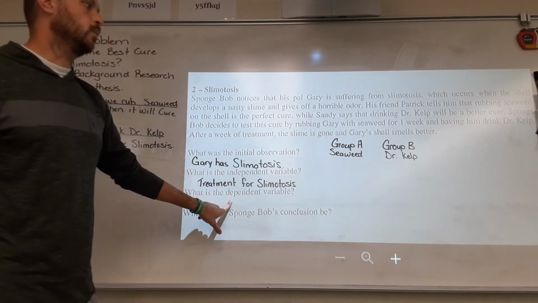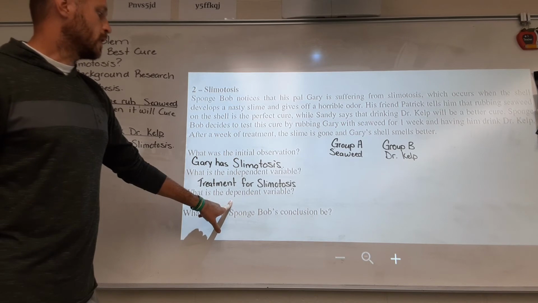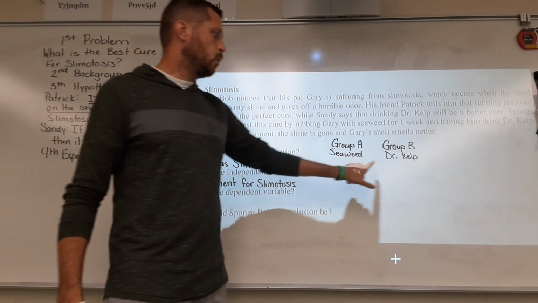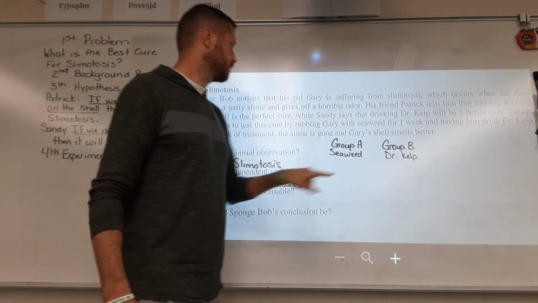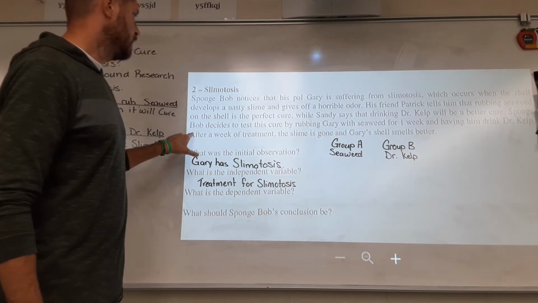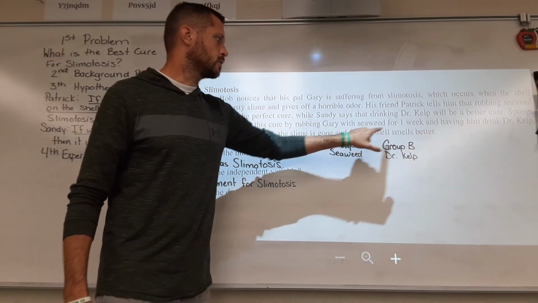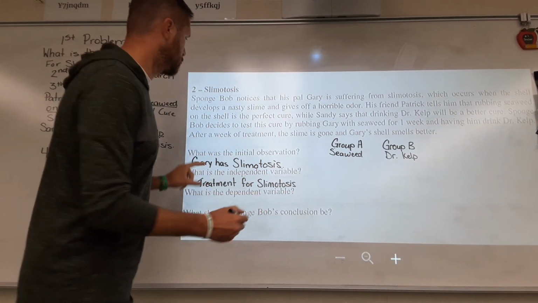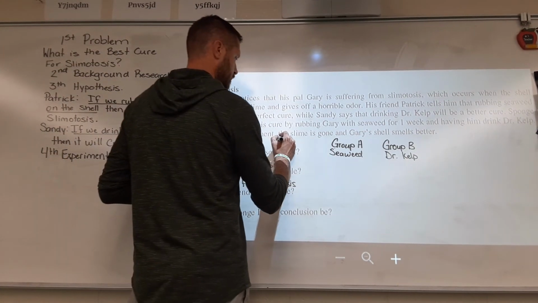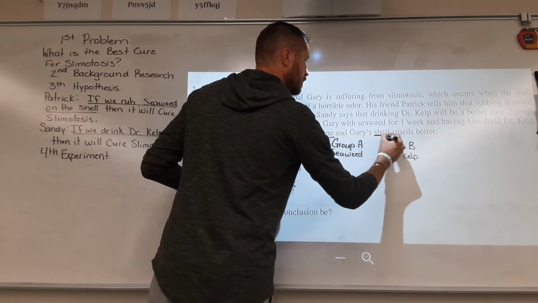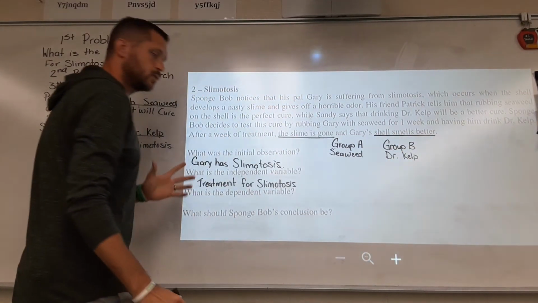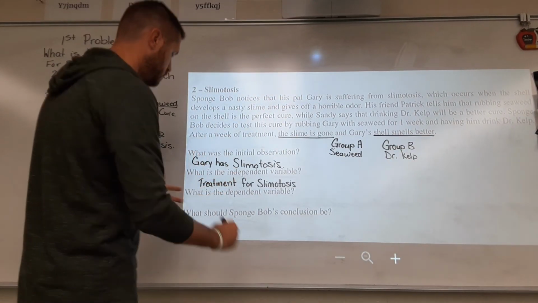So, dependent variable. What are we going to count, measure, or calculate to see which treatment is working? Okay? So, after a week of treatment, the slime is gone and the shell smells better. So, there's 2 things here that SpongeBob is looking for. So, we could say there's 2 dependent variables.